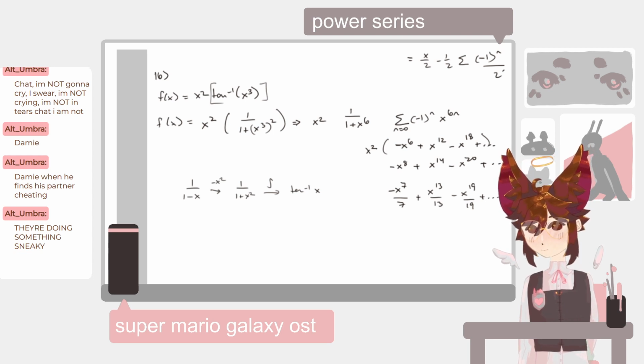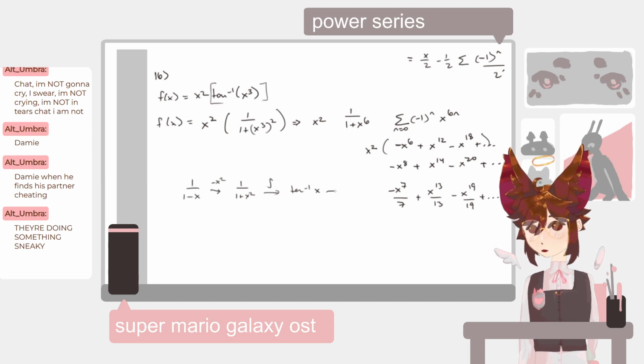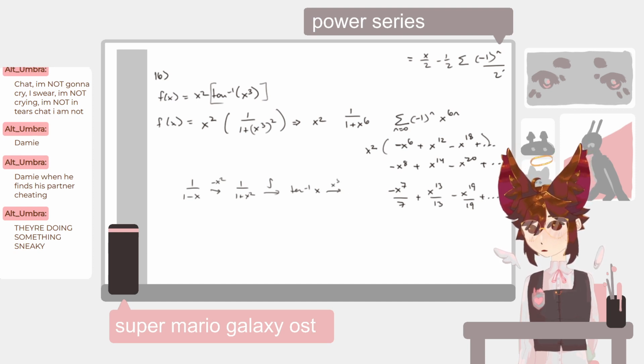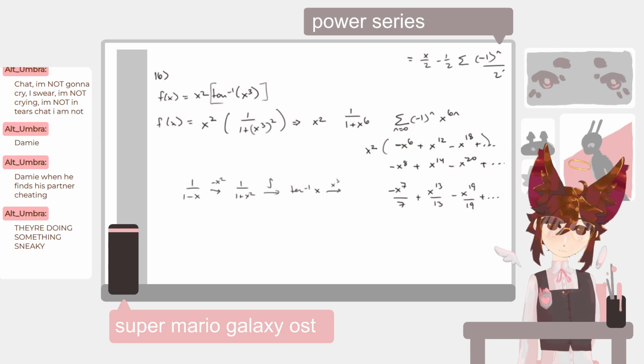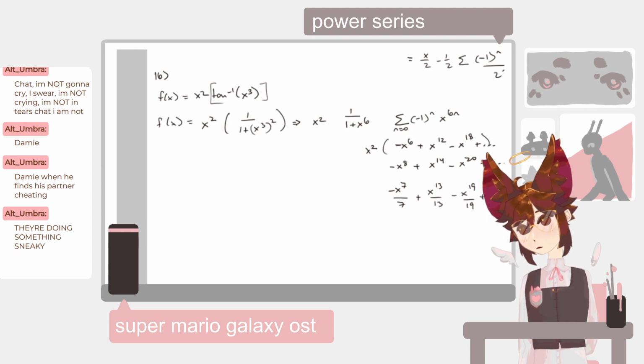Then... oh, that's fine. And then you do x cubed. Then you get tan inverse of x cubed. And then you multiply that. Woof. That's tough.